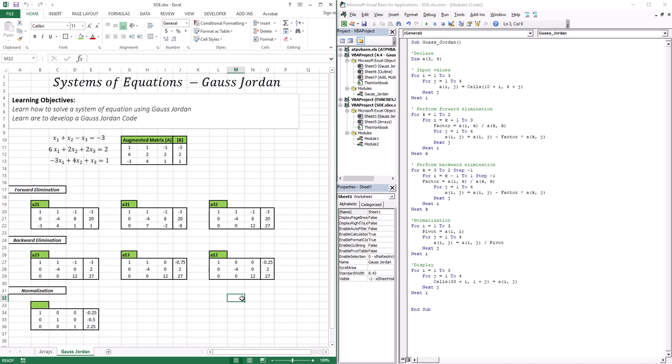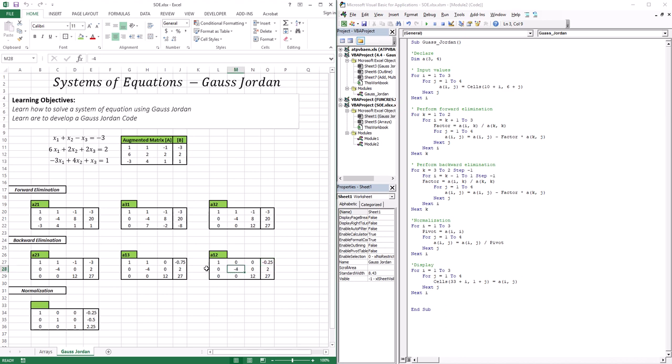Now, the third process in Gauss-Jordan is normalization. In normalization, you take this A11 and normalize the entire row by it. What I mean by normalizing is you divide everything in this row by that number. So if I take this number 1, I'm going to divide 1 by 1, 0 by 1, 0 by 1, negative 0.25 by 1.